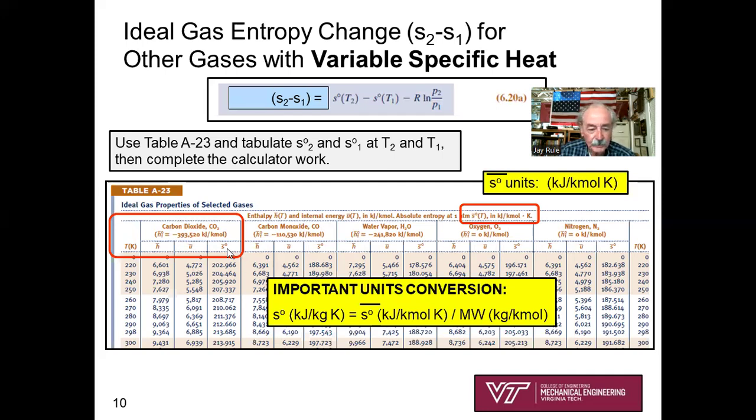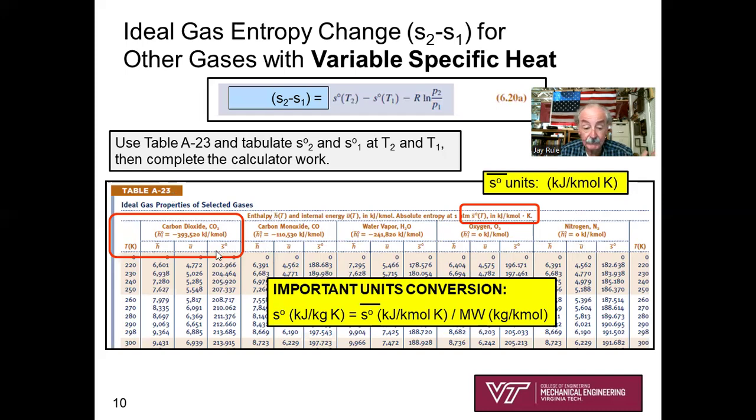Look at this table A23. It's got a bar over everything. I've got H bar, U bar, and S0 bar. Remember the bar is on a molar basis. So if you have a homework problem or a test problem and you come to table A23, recognize that when you write these S0 bar terms down as a function of temperature, you've got to divide them by the molecular weight of your substance.